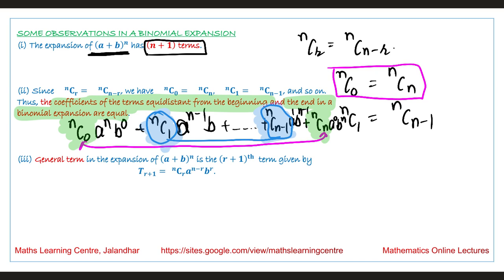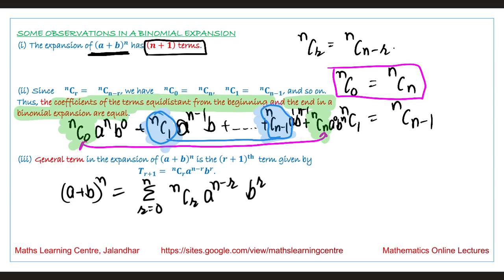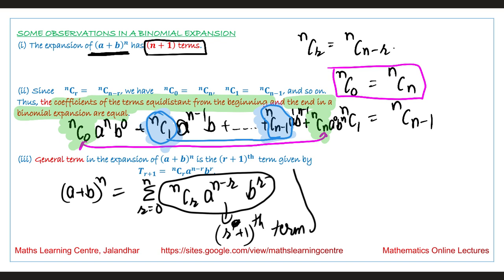Next we are talking about the general term. The binomial expansion of (a+b) raised to the power n is equal to the sum from r equal to 0 to n of nCr, a raised to the power n minus r, b raised to the power r. This term is the (r+1)th term, and it is called the general term of the binomial expression.